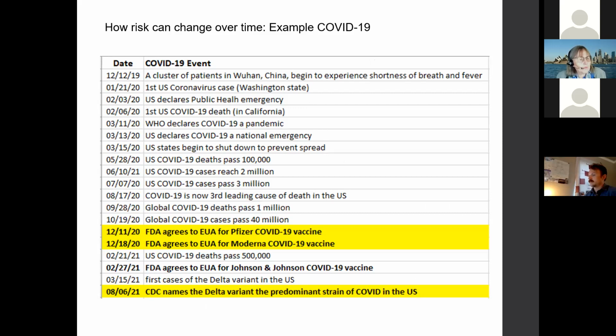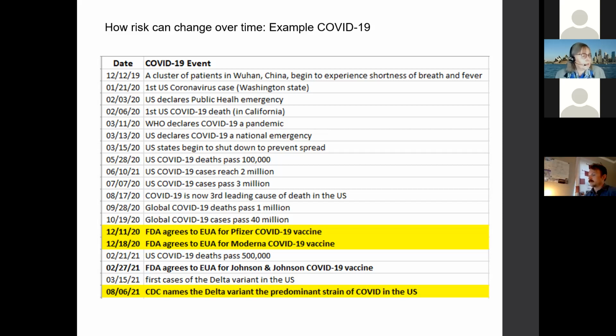Now, as an example of how risk can change, I'm going to go to COVID again. And this is a timeline of some seminal events in COVID history, where it was first discovered in mid-December, first appeared in Wuhan, China, and made it to the US by January. By August of 2020, it became the third leading cause of death in the US. But if you're looking at risk of death from COVID, it's probably pretty constant.